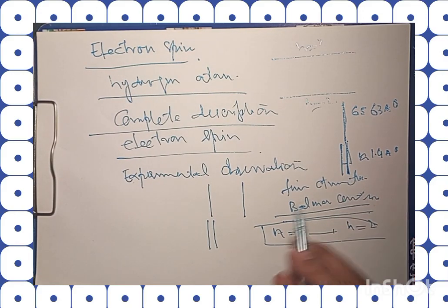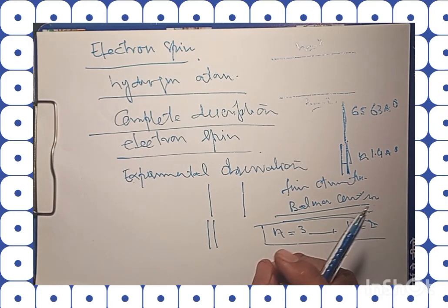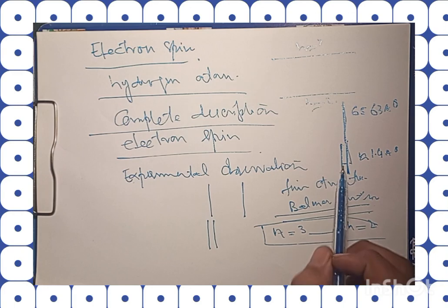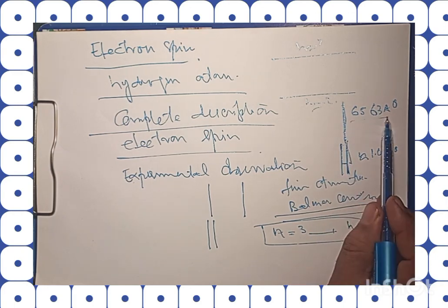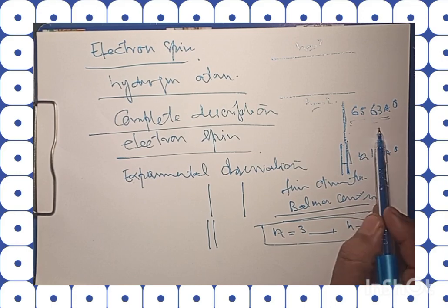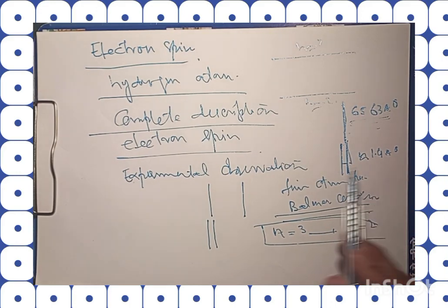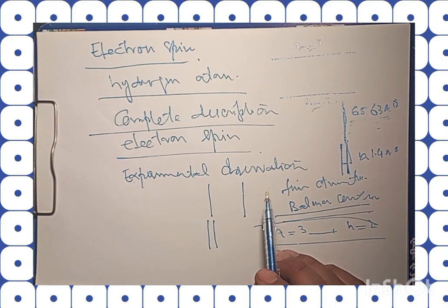No doubt this effect is very small, but it's a failure of quantum mechanics to predict a single line, because what we observe is that this single line is made of two closely packed lines.